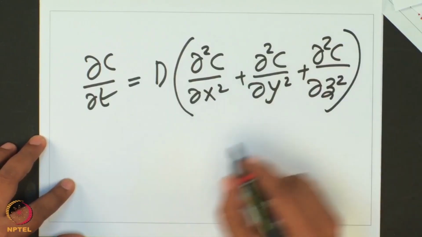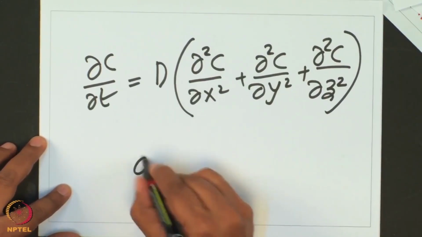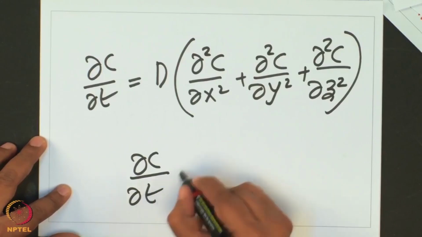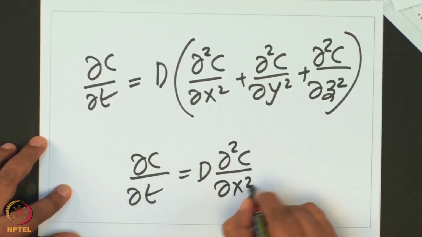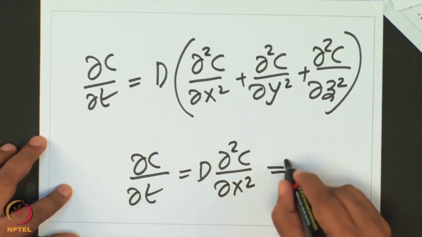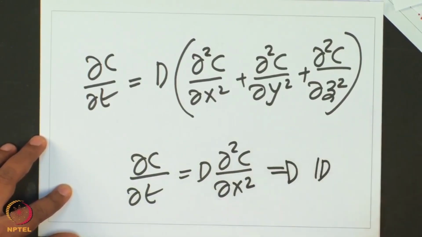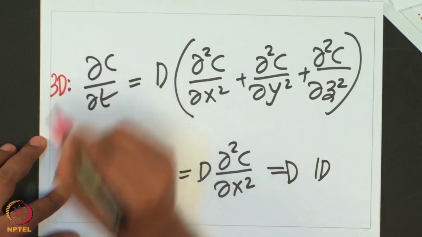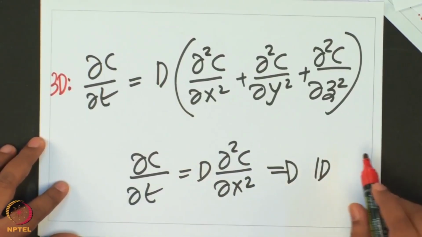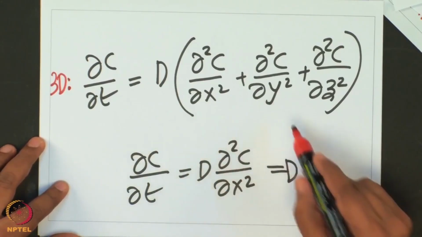This is the equation in 3 dimensions. In 1 dimension it is just del C by del t is equal to D del square C by del x square. In 2 dimensions, there will be only 2 terms.